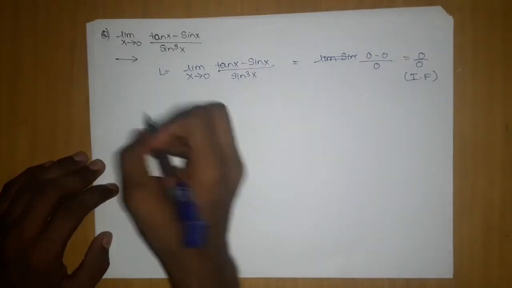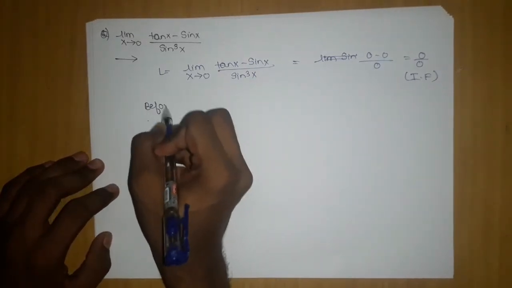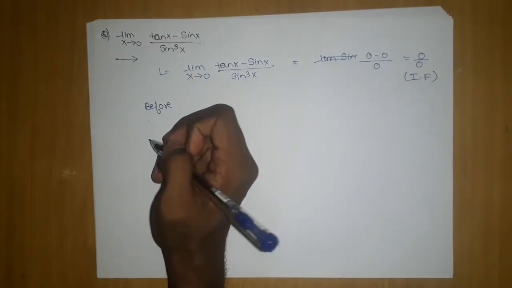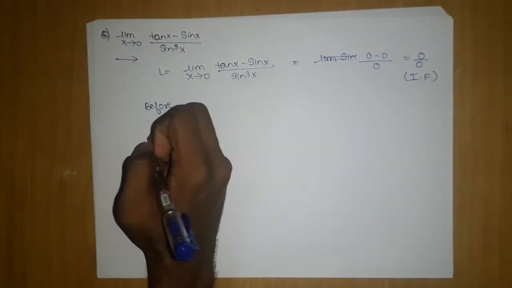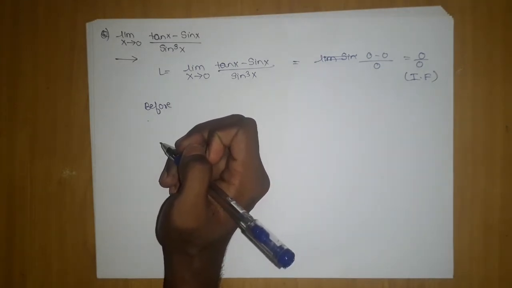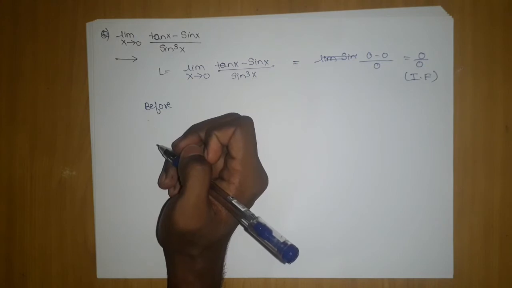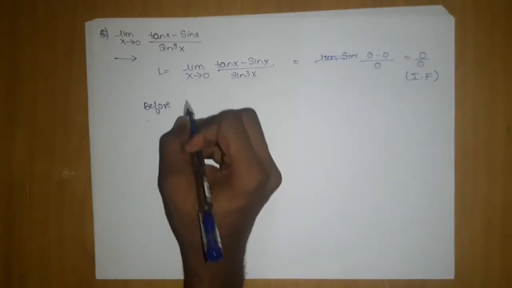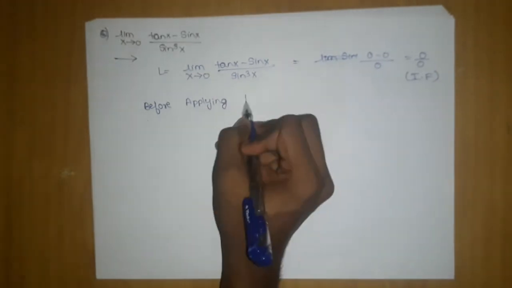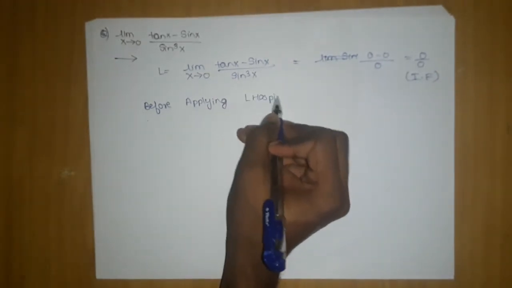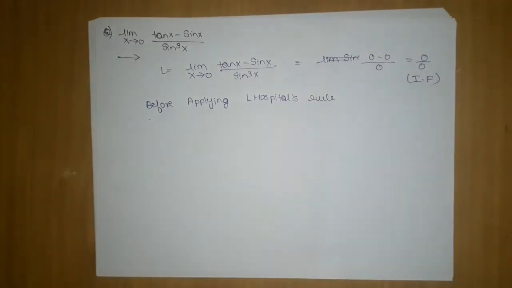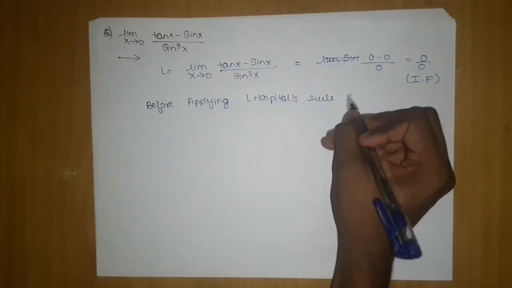Now, I can simplify my denominator by multiplying and dividing the denominator by x cube, which is applying sin x by x, where x tending to 0, which is nothing but equal to 1.